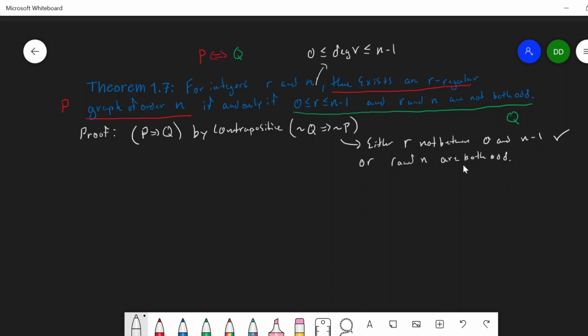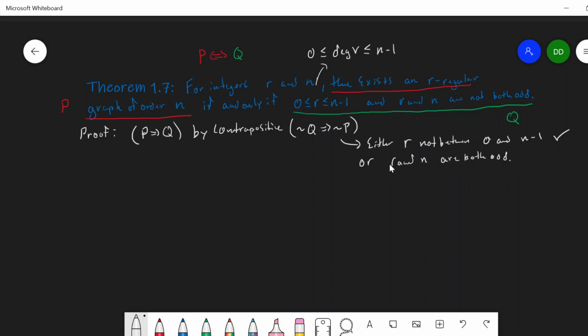This part, on the other hand, takes a little bit of thought, and you should go back to Corollary 1.5. When you see something in a proof that follows immediately from a corollary or another theorem, make sure to go back to that theorem and read it again if you don't see it immediately. So what I'll assume here is that R and n are both odd.